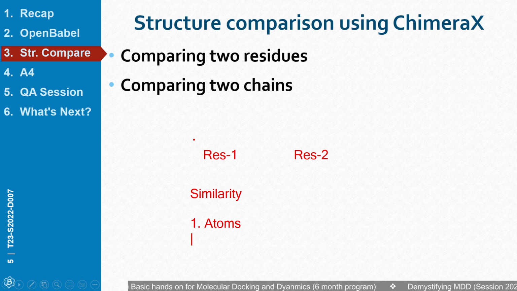Next could be their three-dimensional conformation. Residue 1 might be present in water or has been determined using some other solvent. So the bond angles and bond lengths will differ, meaning the relaxed form of residue 1 and residue 2 in a protein might be different.